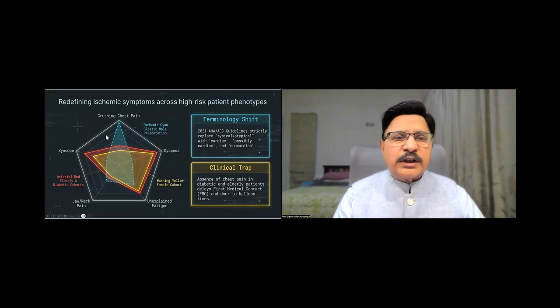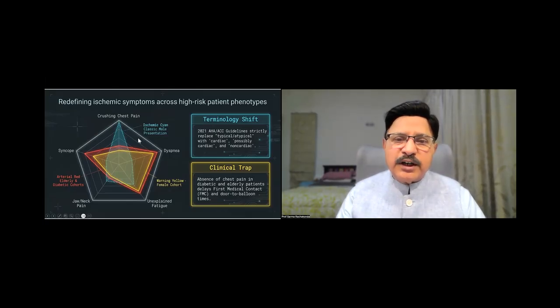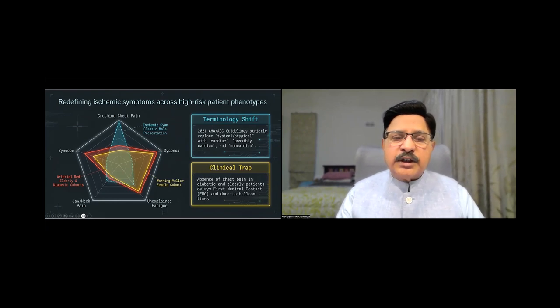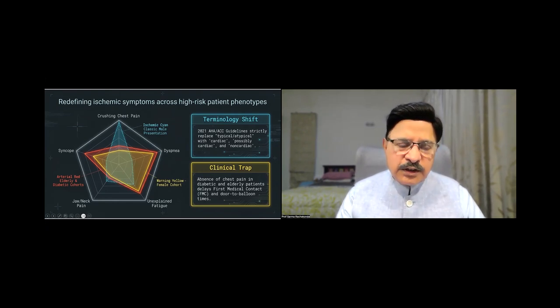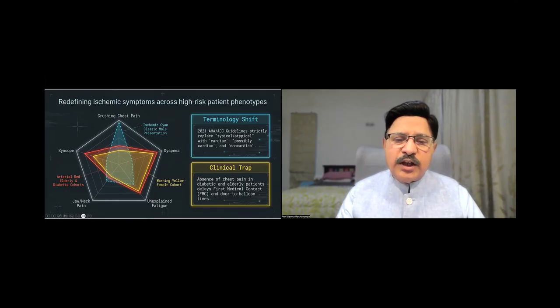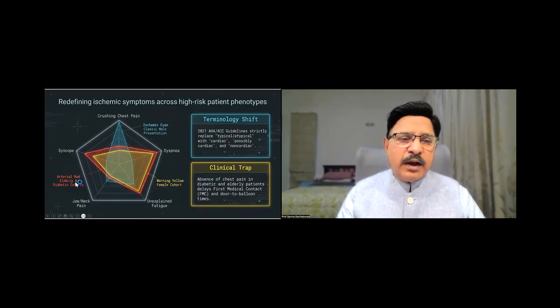Now, crushing chest pain, ischemic, is the classical male presentation, with dyspnea. Warning: in the female cohort, they don't have the chest pain but they present with angina equivalents. Sometimes they say very weak, unexplained fatigue, jaw and neck pain, and in elderly diabetic cohorts, presenting with syncope.